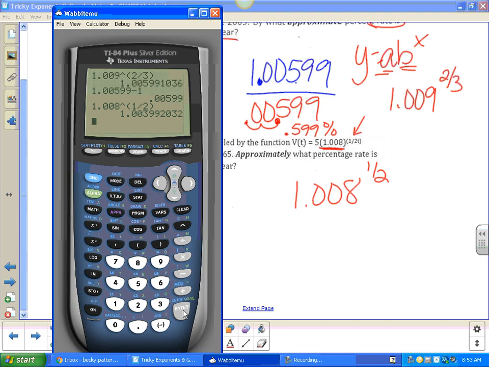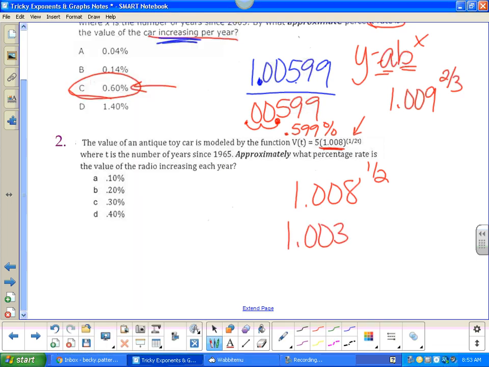And I have 1.00399. So I need to see how much above 100% that is. If I subtract the 1 out, that's going to give me 0.00399. But now I need to turn it into a percent, so I scoot my decimal 2 places, and that lands me here. So 0.399%. So that's probably going to round to 0.4%.